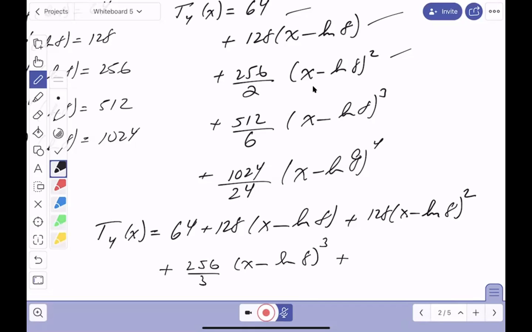Boy, that's going to be a tough one. Let's see, 512 over 12, 256 over 6, 128 over 3. Wow, that's weird.